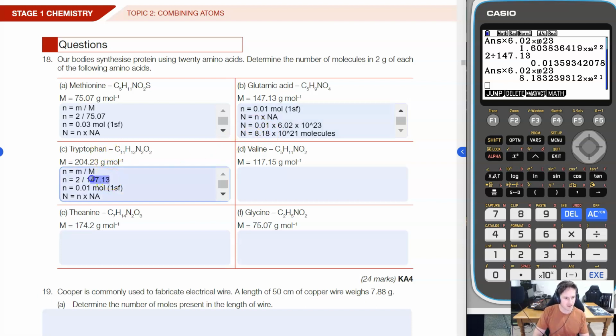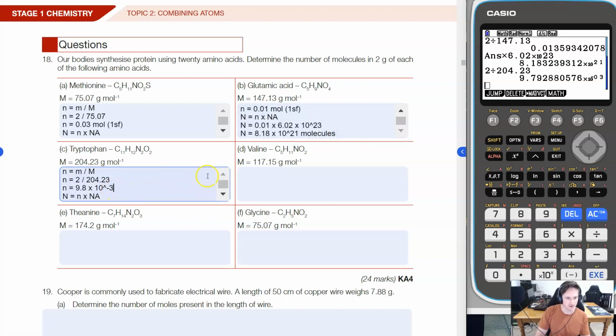So tryptophan, I'll change the molar mass to what's given. So I'll be going 2 divided by 204.23, which is this. Now this one here is interesting because it's now in scientific notation. So I can write that as 9.8 times 10 to the power of -3.